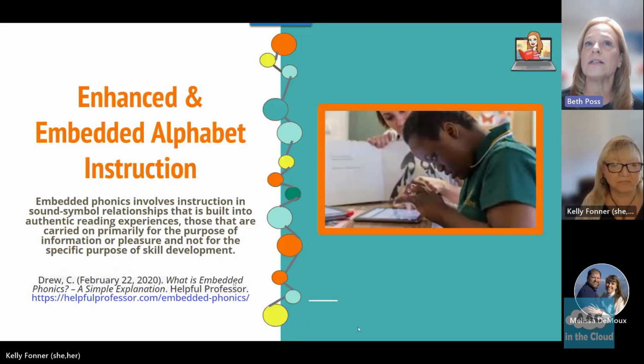So, switching gears just a little bit, we're still talking about making these connections, but we went from shared reading, and now we're going to talk about enhanced and embedded alphabet instruction. And that's all tied into that phonics work.